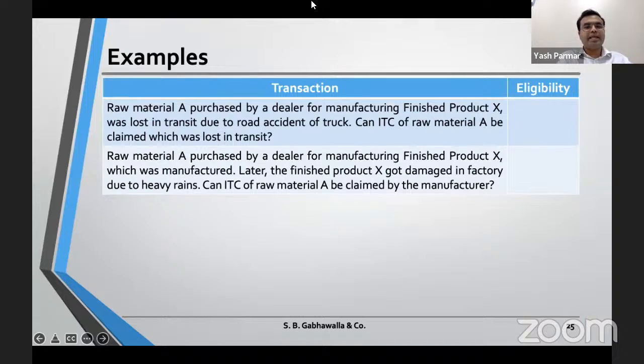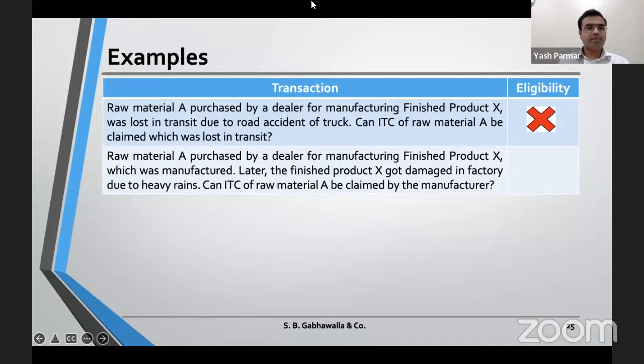Can ITC of raw material be claimed which was lost in transit? The answer is no, because the raw material A was destroyed as it is. Before this raw material A was put in the process to manufacture finished goods X, it was destroyed, and therefore ITC cannot be claimed.